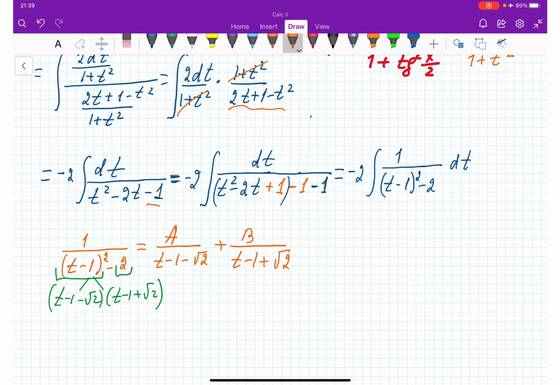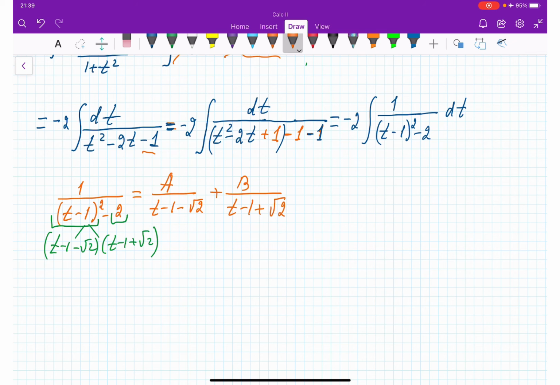So from here, what we are going to get, I have 1 is equal, bringing to common denominator, it's going to be obviously t minus 1 minus square root 2, t minus 1 plus square root of 2, right?